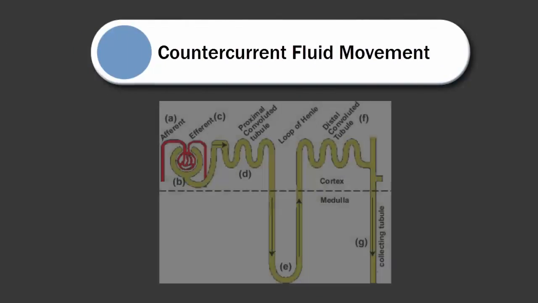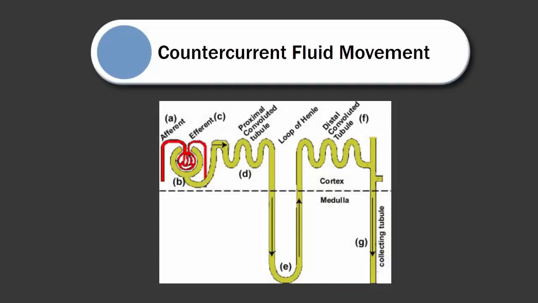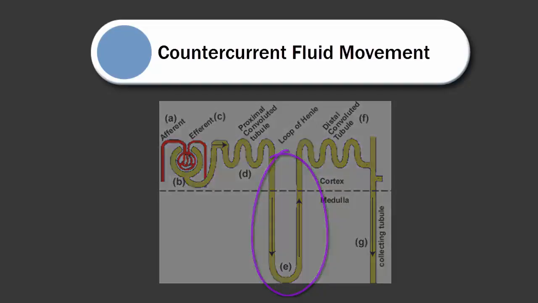We will discuss why this gradient is so important for the kidney to be able to conserve water. The second point is that the long loops of the juxtamedullary nephrons have fluid in tubules that run in opposite directions to each other. The descending and ascending limbs of these loops are in close proximity with each other, as well as the loops of the vasa recta.